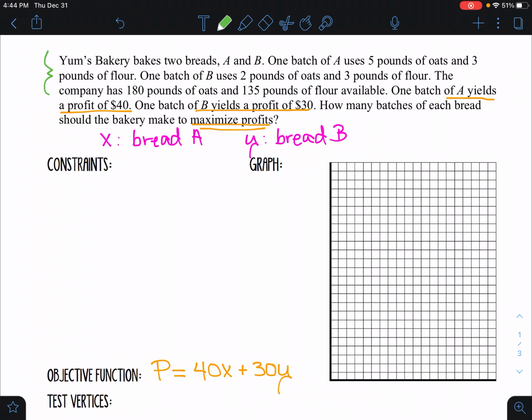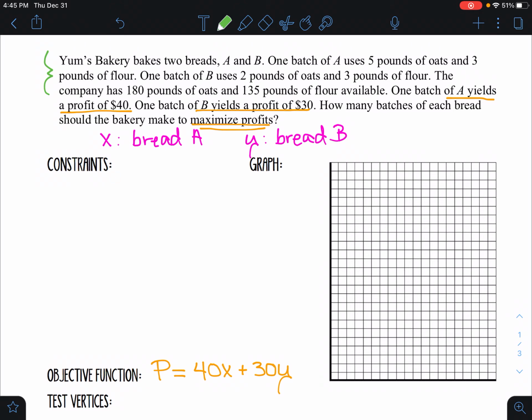All right. Now, when you start writing your constraints, you're always going to ask yourself, can you have negative of either of your two variables? So in other words, our variables are x and y, but they're bread A and bread B. Can I make negative batches of these? No. So I can't do that.